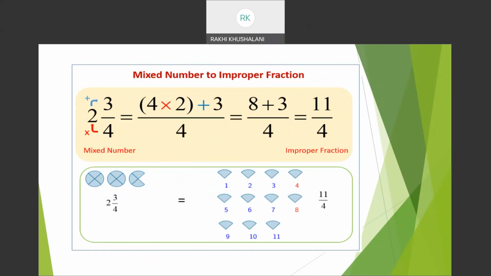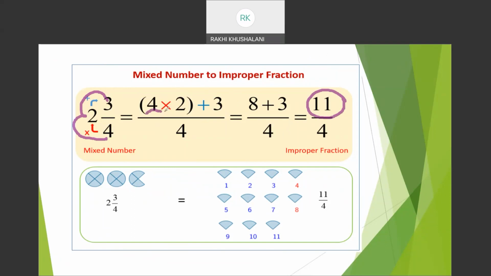See here the design, how it is done. You multiply, I'll take a dark color annotation, something purple. Okay. So 4 into 2 gives me 8. 8 plus 3 gives me 11. See, I got 11 here, right? So what did I do? 4 into 2 is 8.